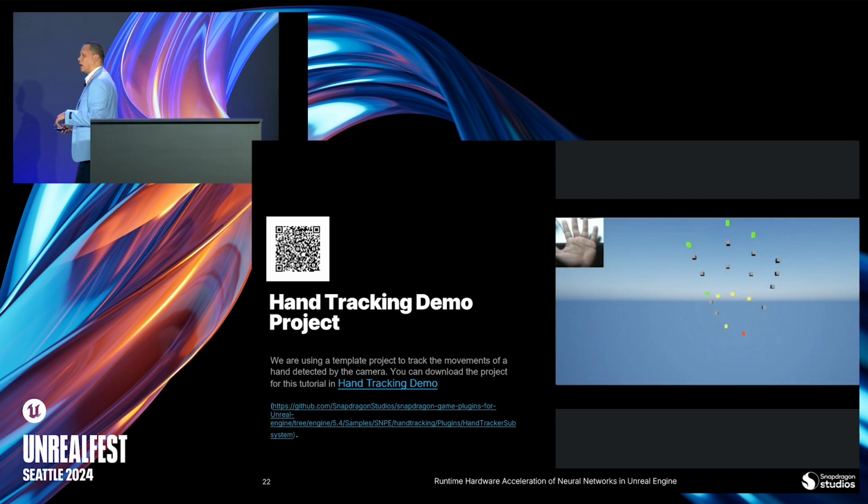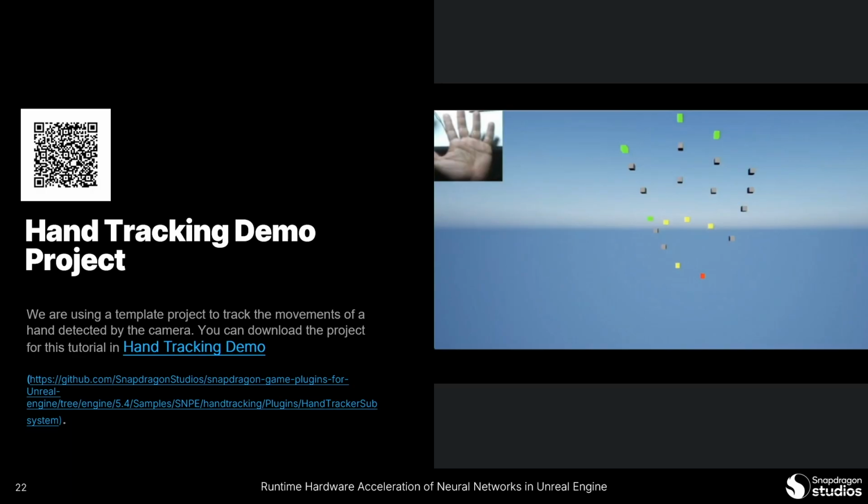And there is a repository where you can sync this project already. In this demo, we will be controlling with the hand a model and the tracking points of that model. So you download and sync this project, and you already have a project to start on. But as I mentioned, you can do it with any project.